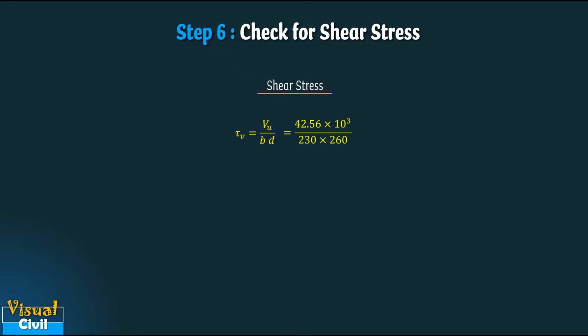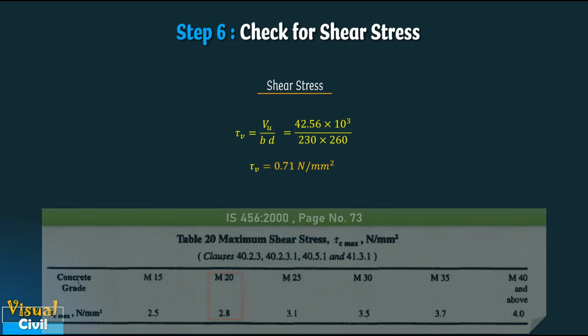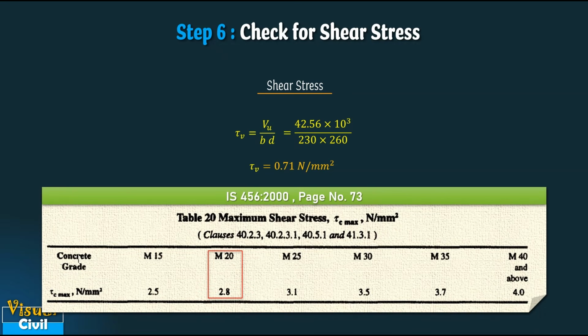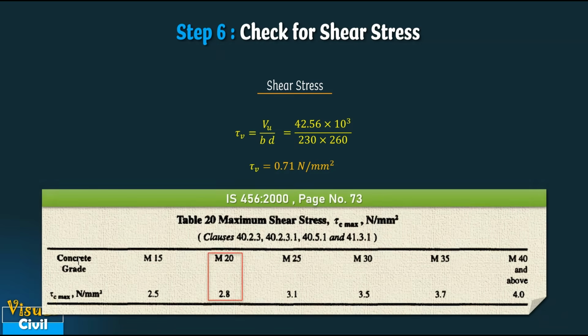Putting the values of shear force, width and effective depth of the beam, we get shear stress equal to 0.71 Newton per mm square. Table 20 of IS 456 gives the maximum allowable shear stress value tau c max for the different concrete grades. So, here for M20 grade of concrete, tau c max is 2.8 Newton per mm square.